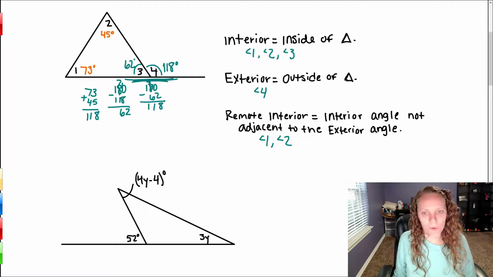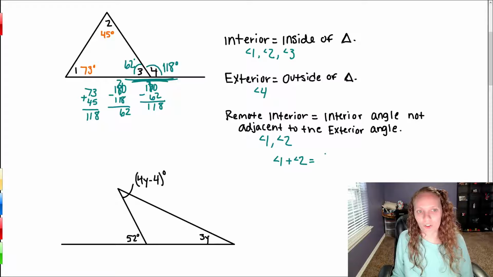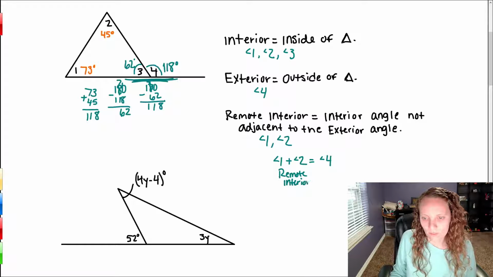Now let me show you one more thing about remote interior angles. These two angles, 1 and 2, when you add them together, should equal the degrees for the exterior angle, in this case angle 4. So when you add the remote interiors, that's going to equal your exterior angle.